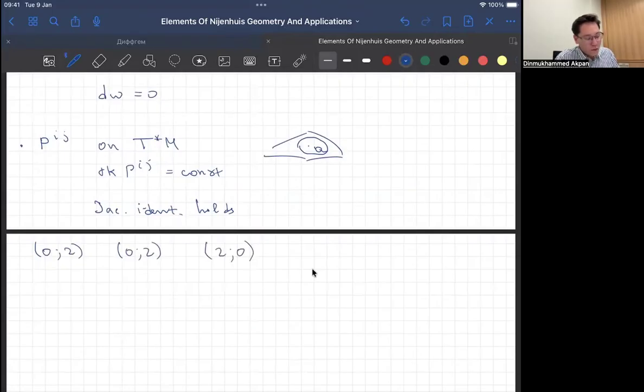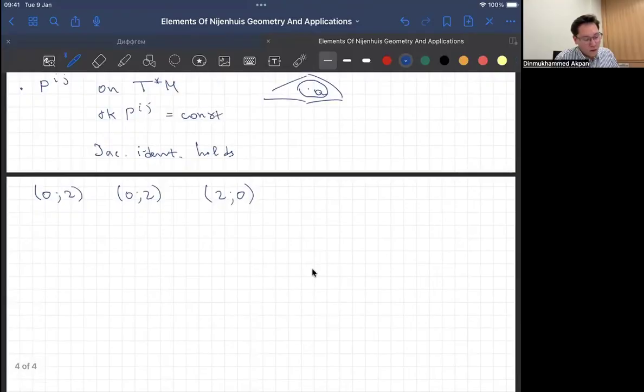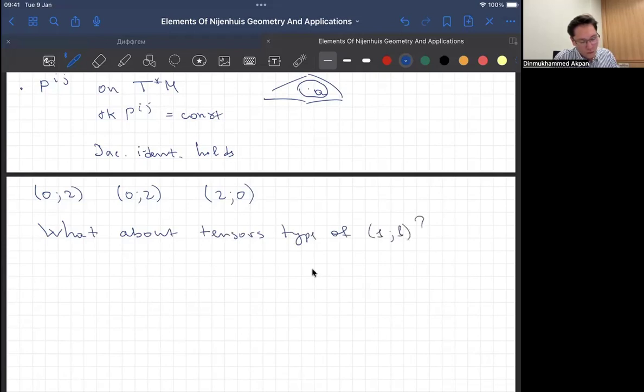And the question is, how about tensors of type (1,1)? What is the answer for a tensorial field of type (1,1)?